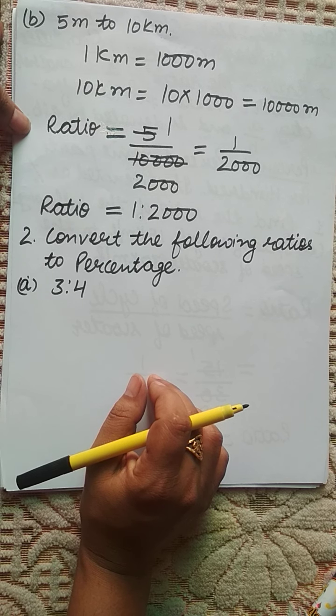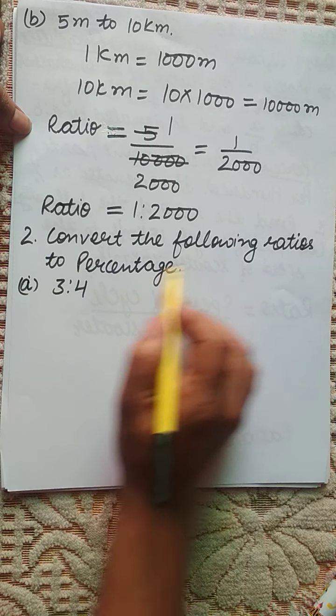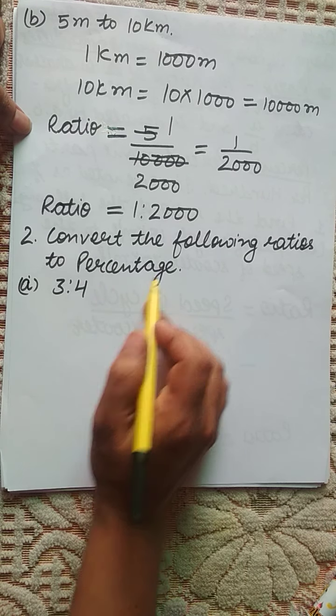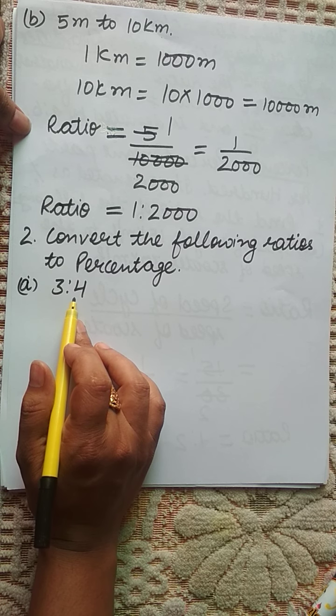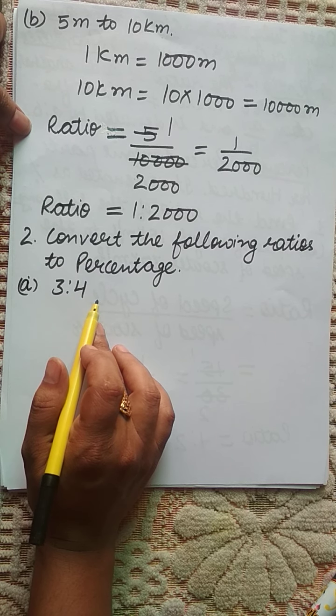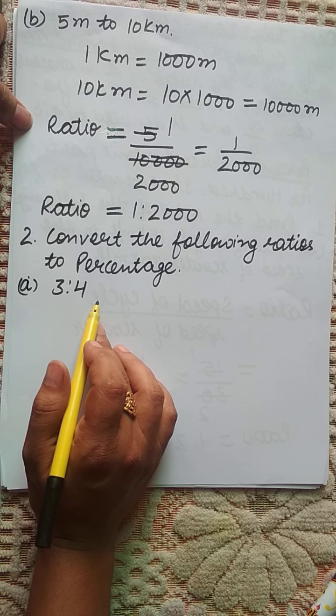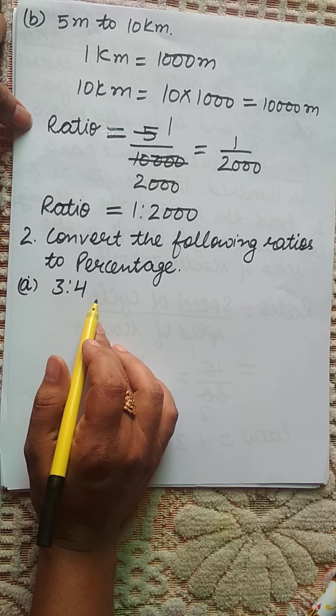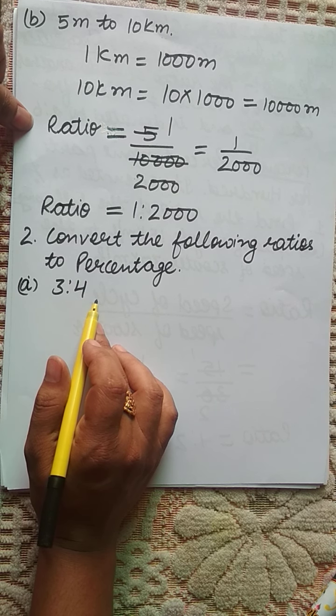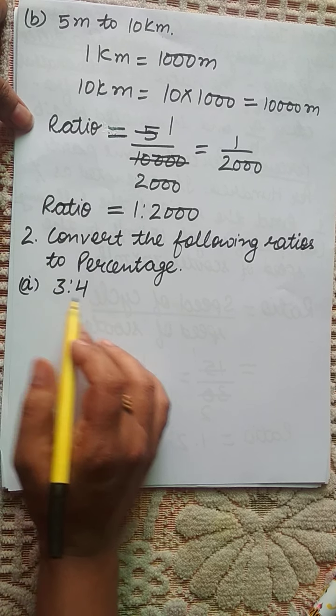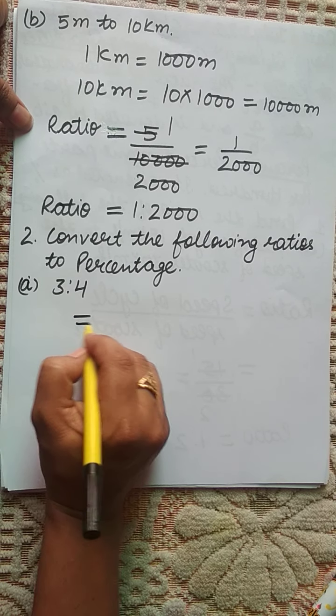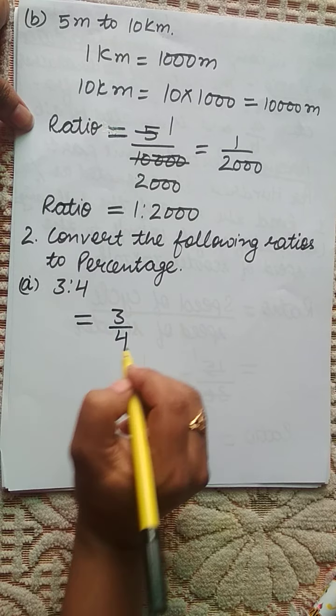Question number 2 is convert the following ratios to the percentage. The ratio is given, we are to convert the ratio into the percentage. Students, in the introduction part, I told you whenever we want to find out the percentage, we simply multiply it with 100. So the ratio is given, so I can write it as 3/4.